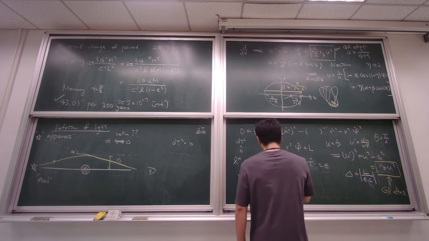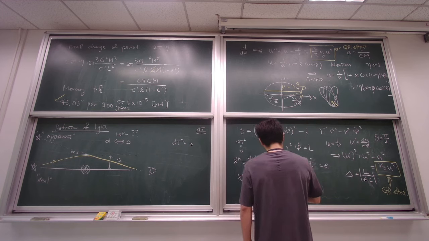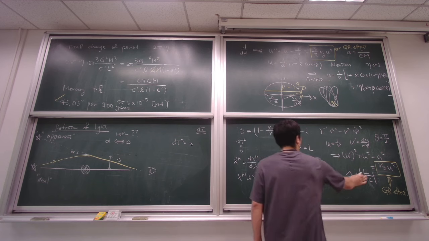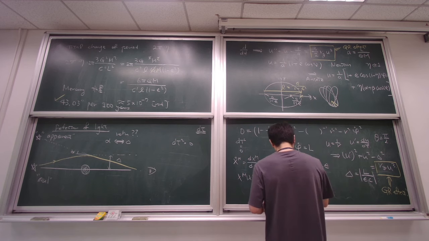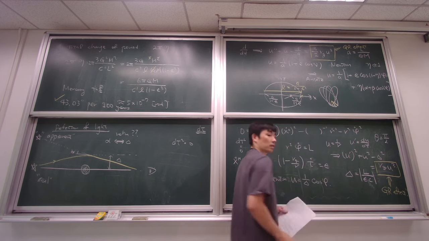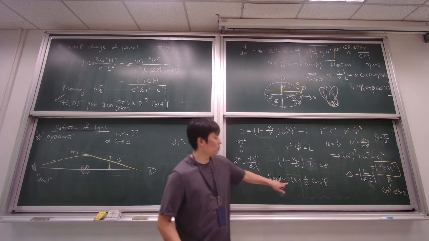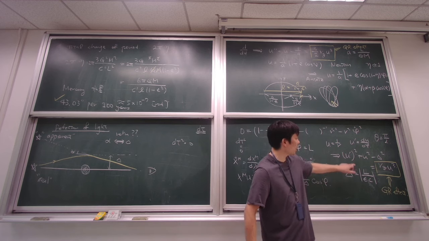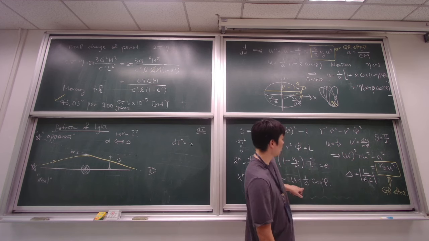This is the Newton case, ignoring this one. The solution is u is equal to 1 over delta cos phi. If you plug this one into the left hand side, you can easily see this is the solution.